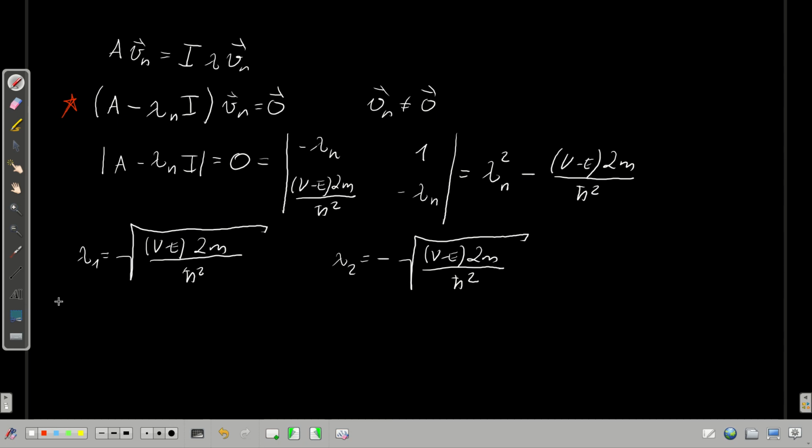So we can do it here. We calculate the eigenvector corresponding to the eigenvalue lambda 1. So we say here, write down lambda 1 here.